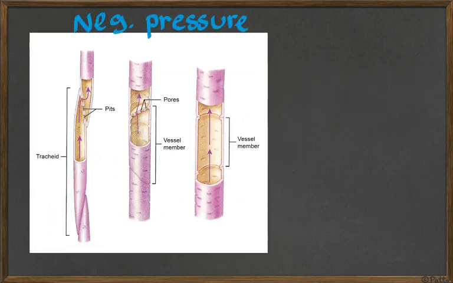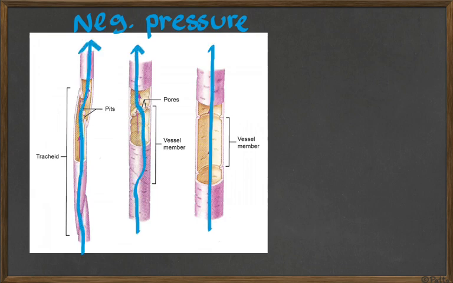Okay? So, how is the transport of chemicals happening through the xylem? The idea is the negative pressure. So we saw before that the transpiration pull creates a negative pressure in the leaves by transpiration of the water through the stomata. This negative pressure is going to cause a pull, and it's going to be sucking the water up through the xylem.